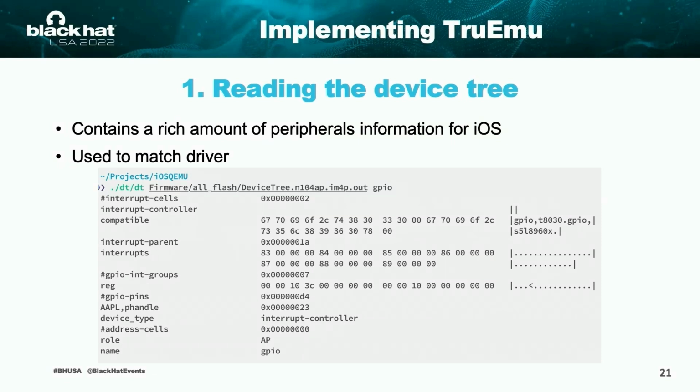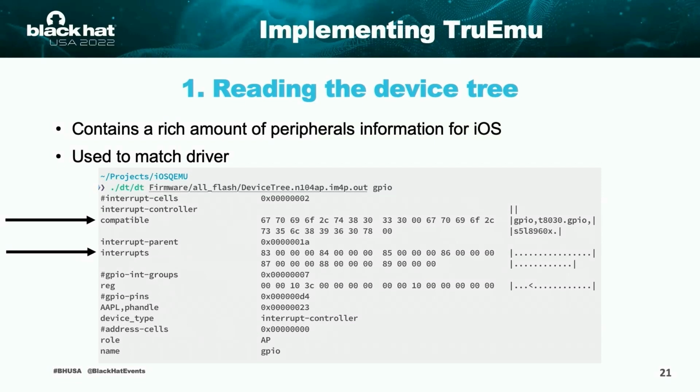Let's have a look at some interesting ones. The arrow is currently pointing to the compatible property. The compatible property is used to match drivers. It will look at the strings in the compatible property and then find the appropriate drivers for the correct device. Another interesting one is interrupts. This is basically a list of interrupts that the device will use.